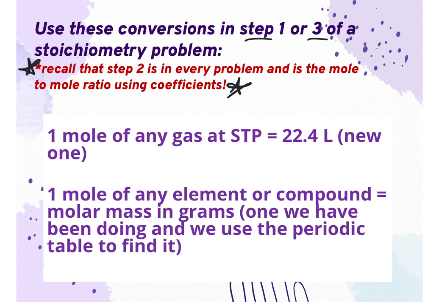So this is now being subbed for molar mass. If I'm working with volume or liters, instead of using the molar mass step, I'm now going to use this new conversion factor here.